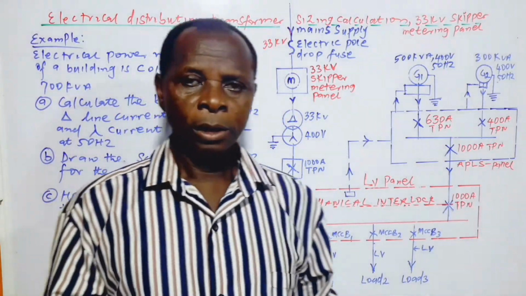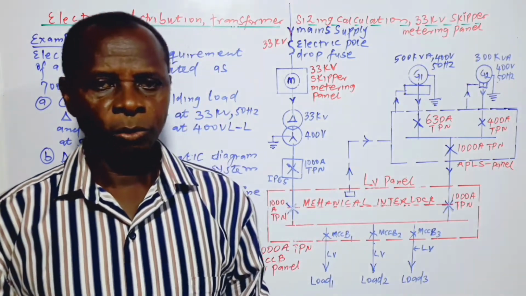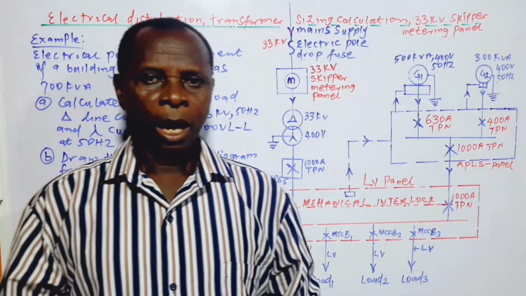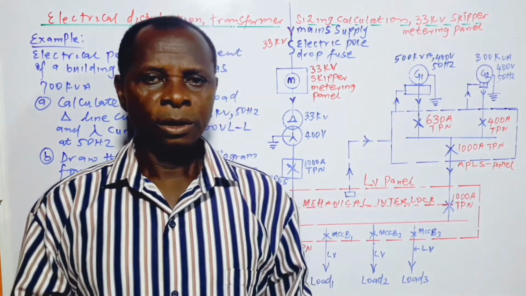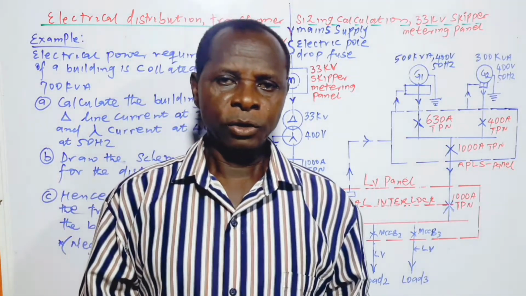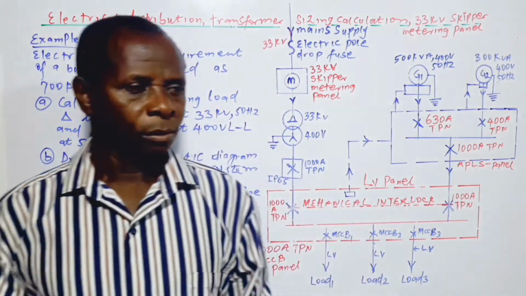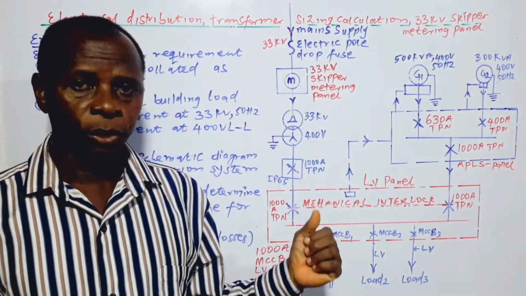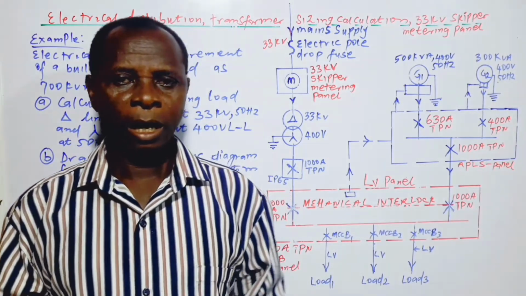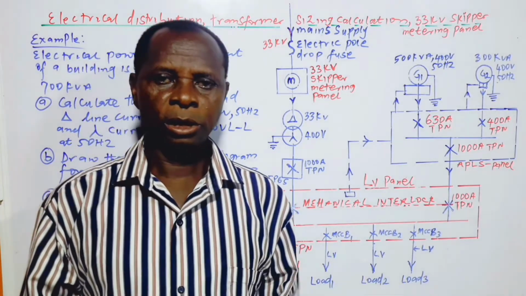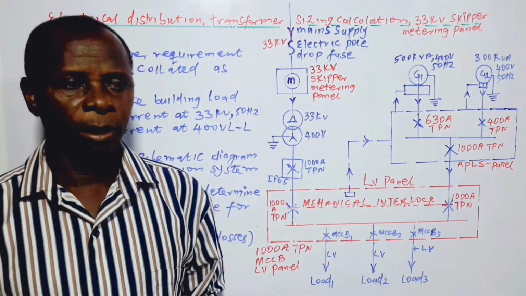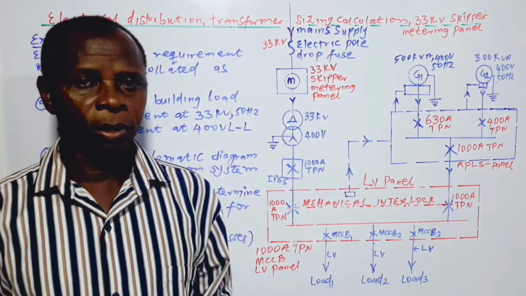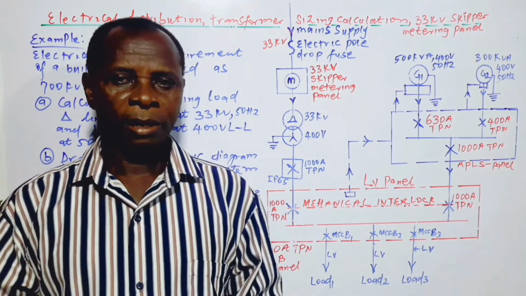This video is about electrical power distribution system, transformer sizing calculation, as well as 33 kV skipper metering panel. So, as I said, in this video, we are going to see another type of distribution system, another type of power schematic diagram, as well as another calculation on transformer sizing.